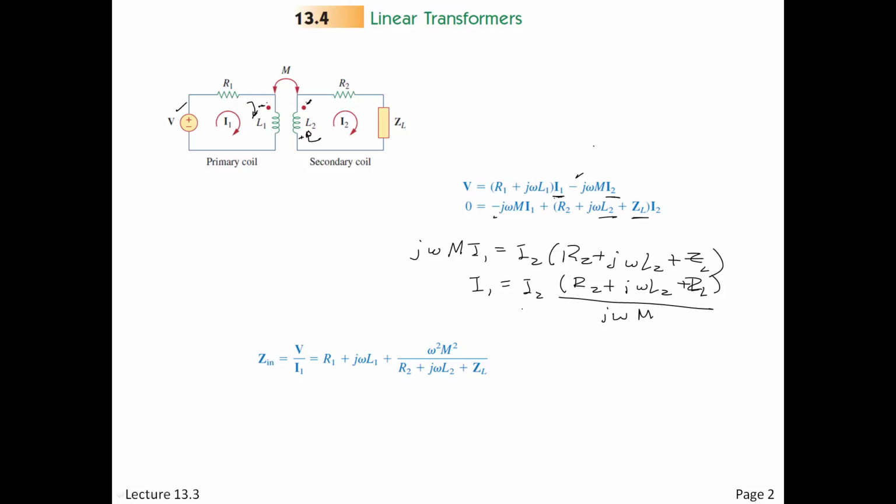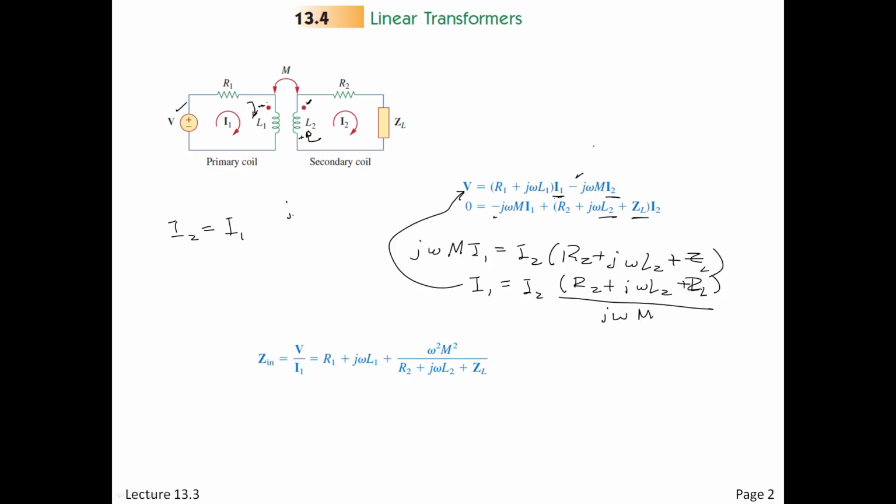Okay? And if we then take this value and plug it back into this equation, or we might have preferred to solve it the other way. Actually, that looks like it would have been best right now, to solve for I2 as a function of I1. That would have been a lot easier.